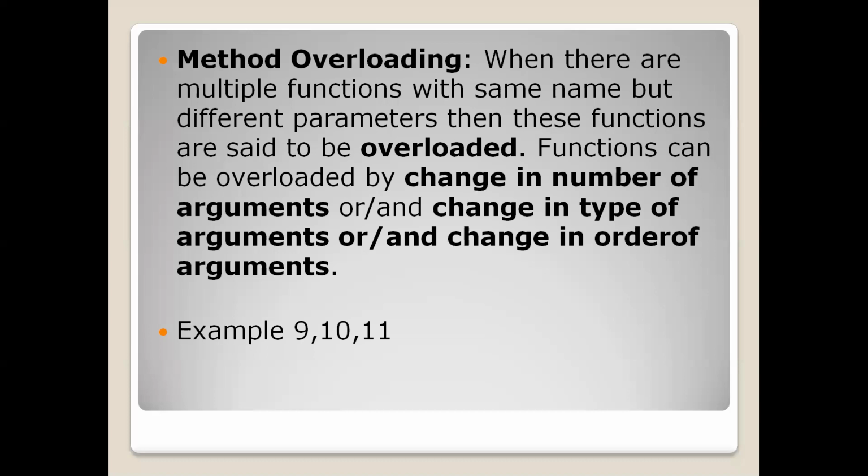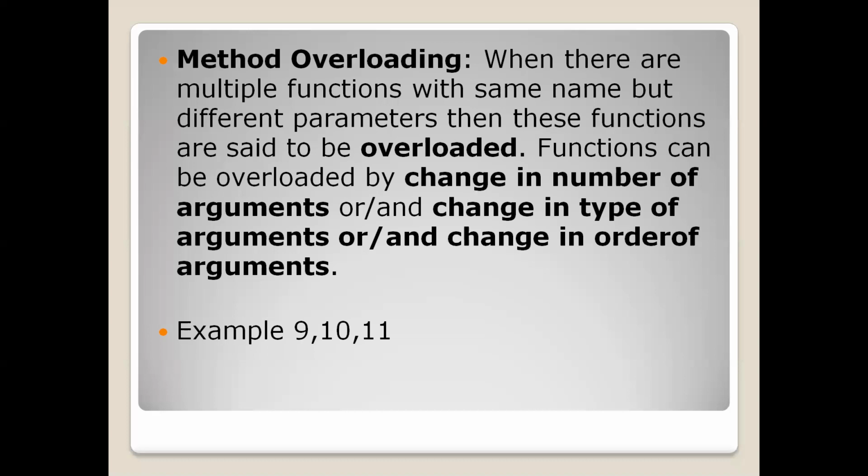If a single thing exists in more than one form, it is called polymorphism. In object-oriented programming languages, polymorphism is of two types: compile-time polymorphism and runtime polymorphism. We have started with compile-time polymorphism, which is also called static polymorphism.